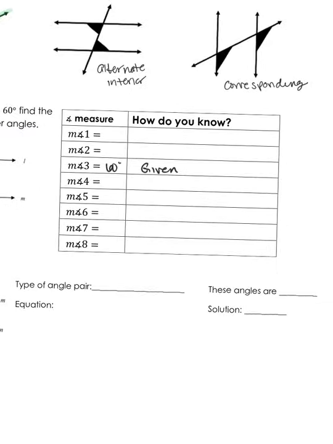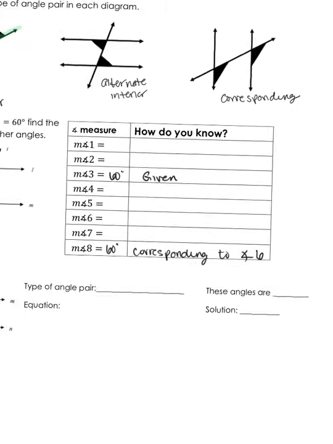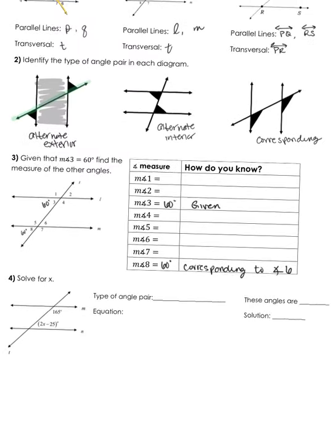And I could fill that one in on my chart next. I know angle 8 is 60 degrees because it's corresponding to angle 6. Try to fill in the rest of these. Find your measurements, fill in your reasons, pause the video, come back when you're ready to see the answers. But don't forget to do the pause part so that you don't just see all the answers.